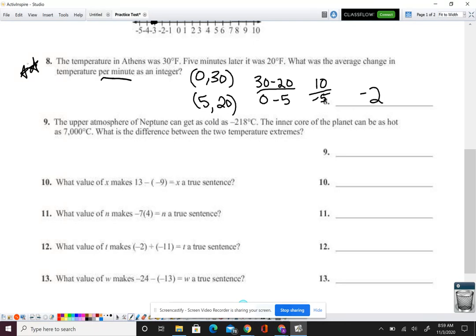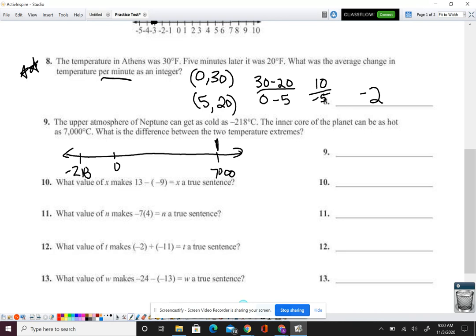The upper atmosphere of Neptune can get as cold as -218 degrees Celsius. The inner core of the planet can be as hot as 7,000 degrees. So if I'm thinking about a number line here, and I put -218 on that number line, here's 0, here's 7,000.